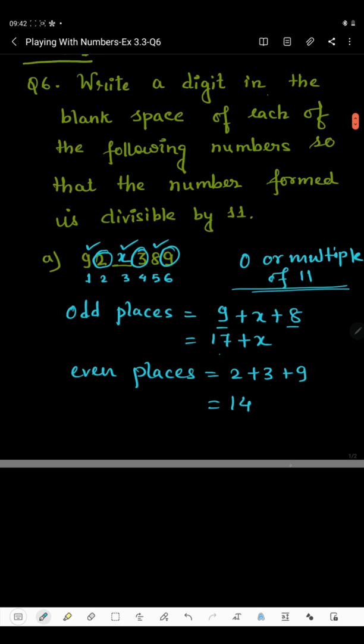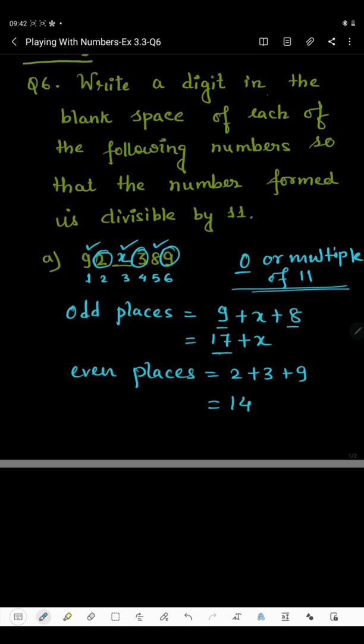But here we cannot make 0, because we already have 17 and the number we take has to be added to 17. So it cannot be 0, and we will have to see how it can be a multiple of 11.